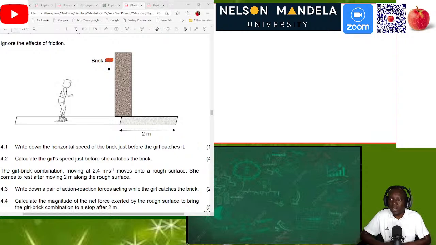Understanding the type of quantity you're dealing with helps you even in the calculation. If you're dealing with a vector, then you know you should give your answer in terms of magnitude and direction.